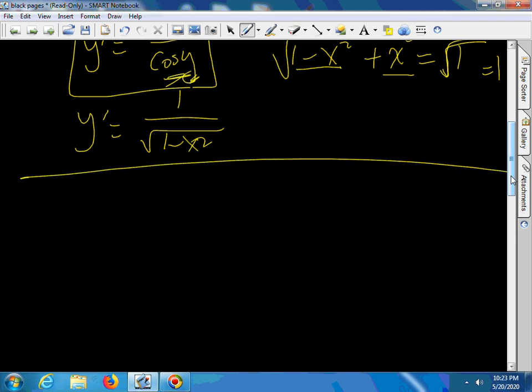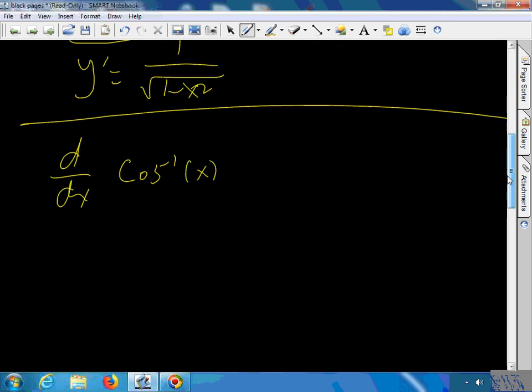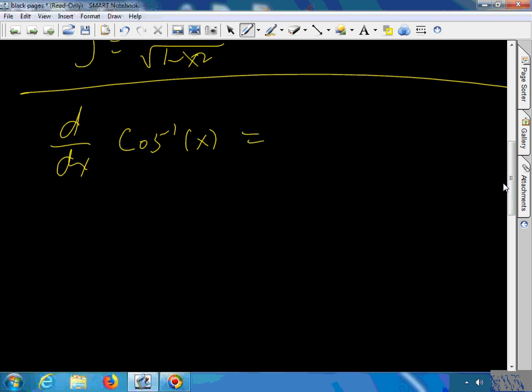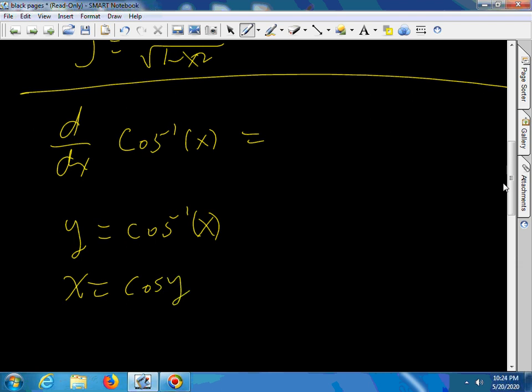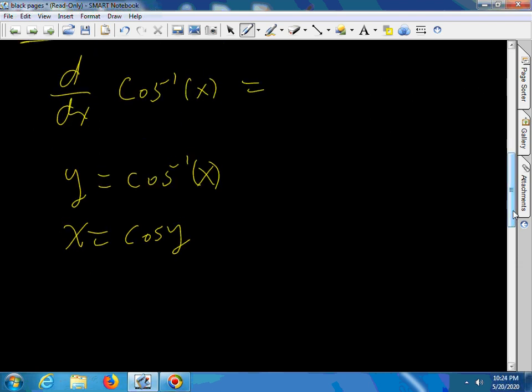Now, let us find the derivative of cosine inverse of x. Okay, what does this equal? So let it be y. So y is equal to cosine inverse of x, and my job is to find y prime. But this means that x is the cosine of y. Take the derivative of both sides with respect to x.